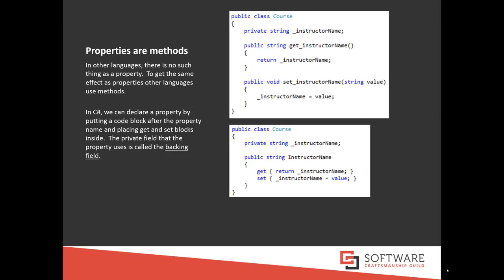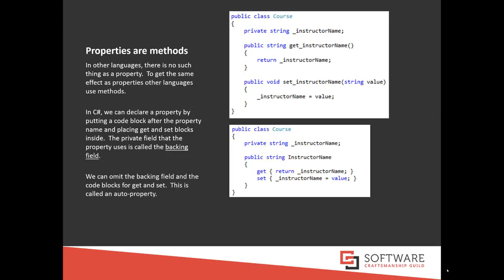So if we say course.instructor name equals Joe, the blue value keyword will have the value of Joe inside it. That is called a contextual keyword in C#, because value will only turn blue and be a keyword inside a set method.